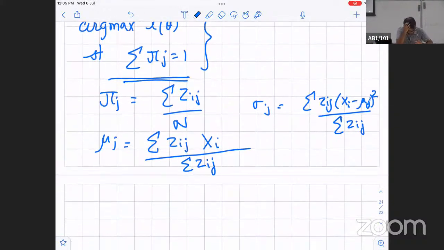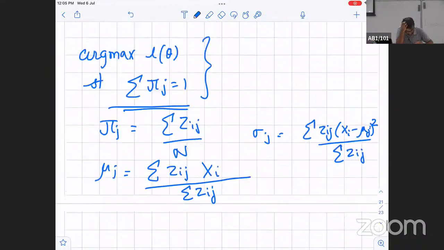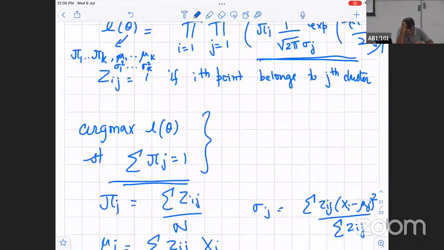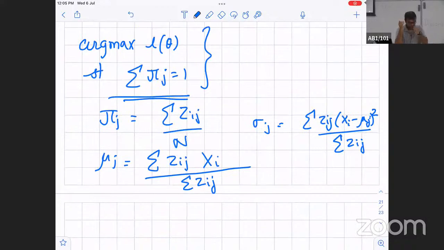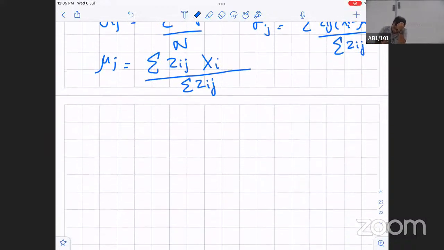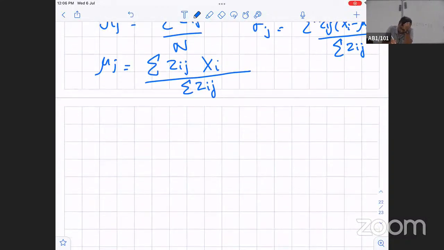All right, so this is the full information case. In the full information case, you see both the xi's as well as the z's. Everything is seen to you. Now the challenging part is when the zi's are not observed.